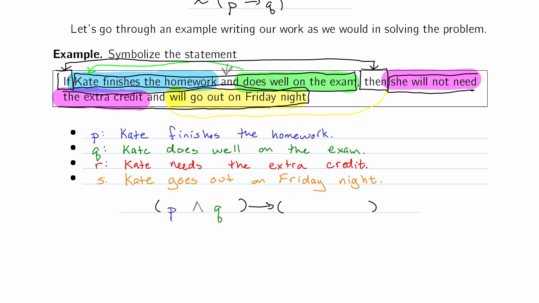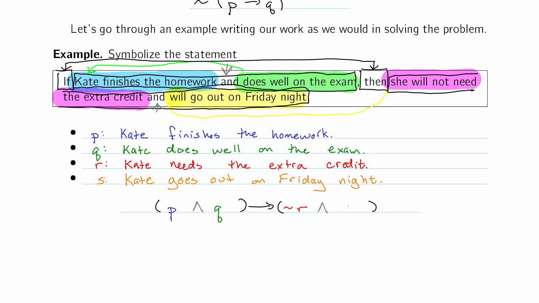The then part, looking through that, that's also 2 simple statements combined with an and. So we'll have another and here. Before the and, she will not need the extra credit. That's not R. And she will go out on Friday night.